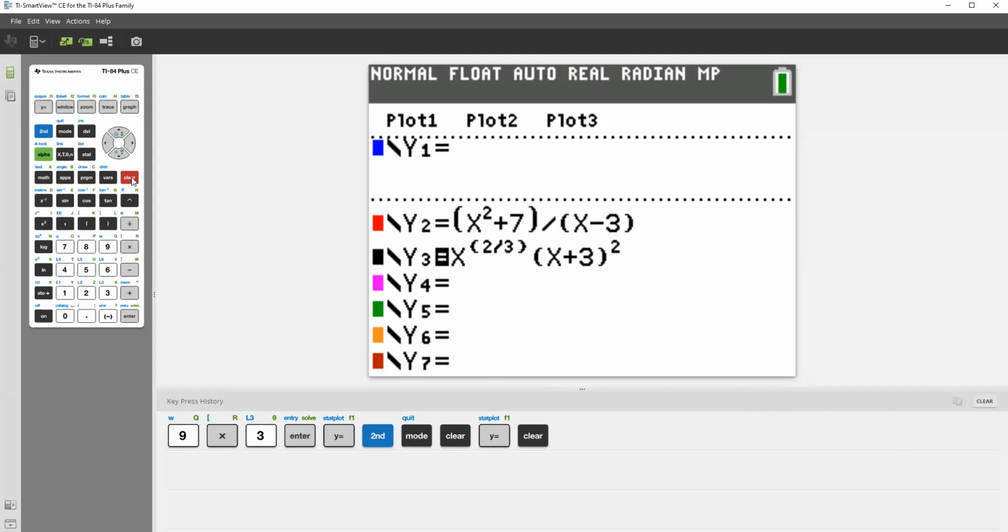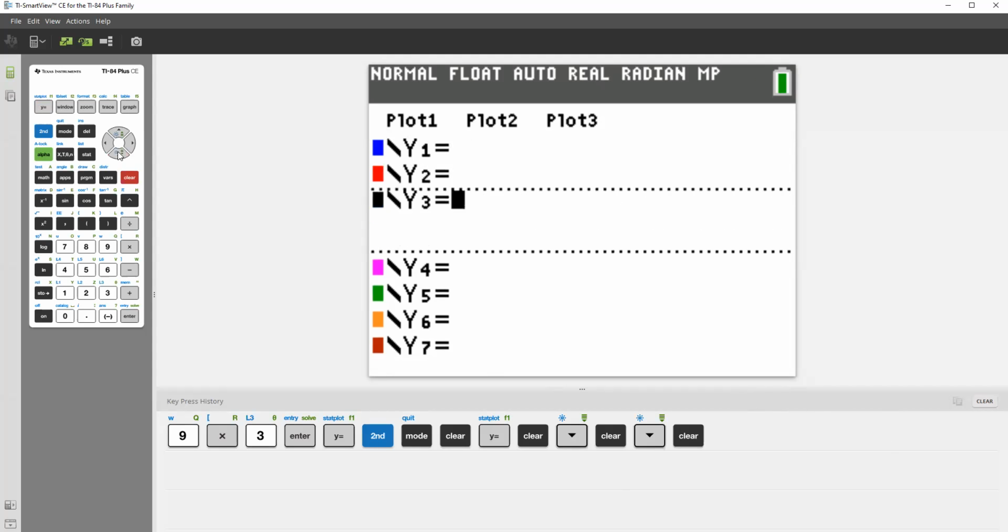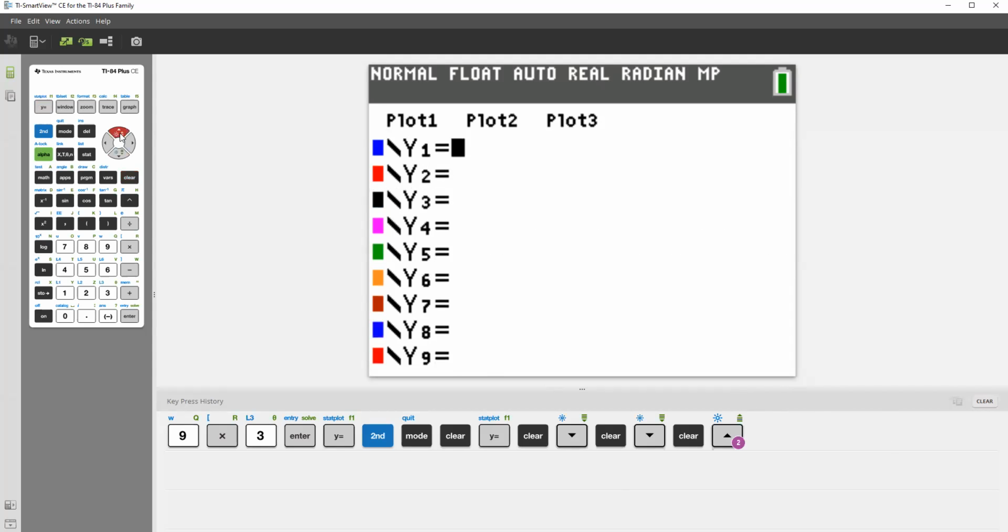So you just hit clear, and it goes away. All those good equations are gone. And in y sub 1, you are going to type, what equations are we using? You're going to type f of x, and then y sub 2, you're going to type the derivative. Those are the 2 equations that we're using. So in y sub 1, I'm just going to type the original function.